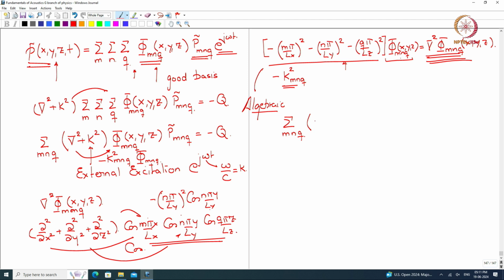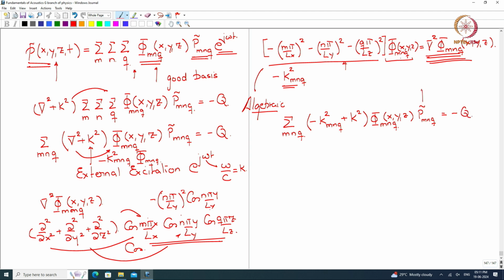I have the summation, single summation symbol, okay. Del square has operated on phi, so I get minus k square m and q plus k square and phi m and q, x comma y comma z, p tilde m and q equal to minus q.